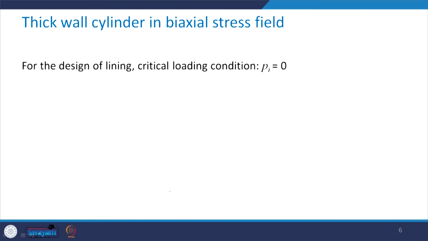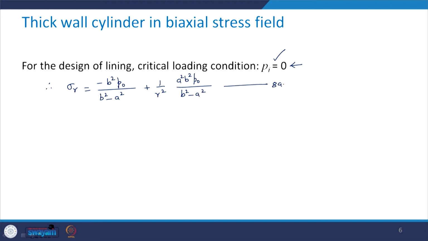Now, for the design of the lining, the critical loading condition will be when your Pi, that is the internal pressure, becomes equal to 0. So, when this becomes equal to 0, what will happen to sigma r? That will become minus b square P naught divided by (b square minus a square) plus 1 upon r square, a square b square P naught divided by (b square minus a square).